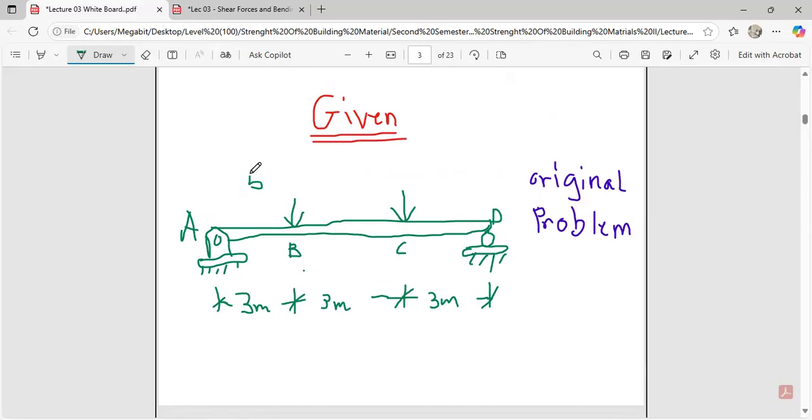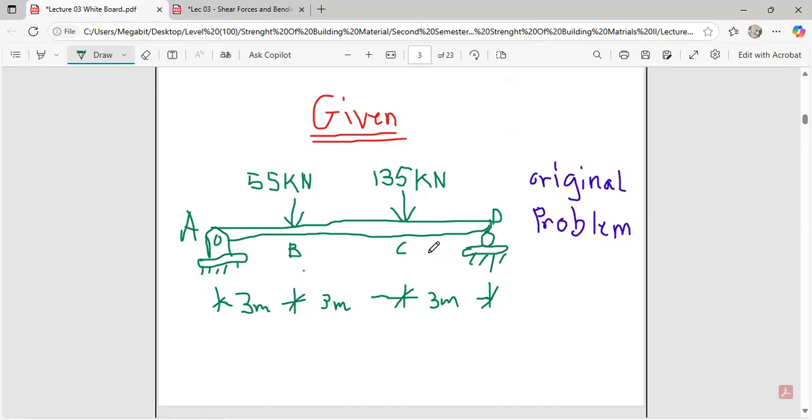So this one became 55 kilonewton. And this one also became 135 kilonewton. So from here to our solution.